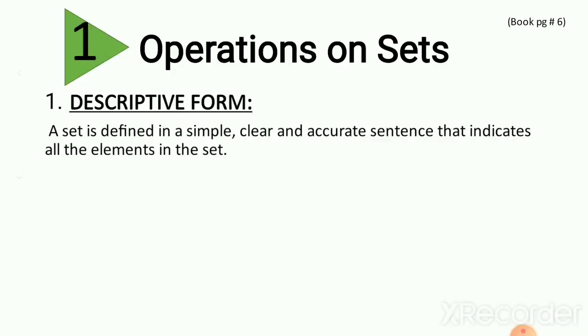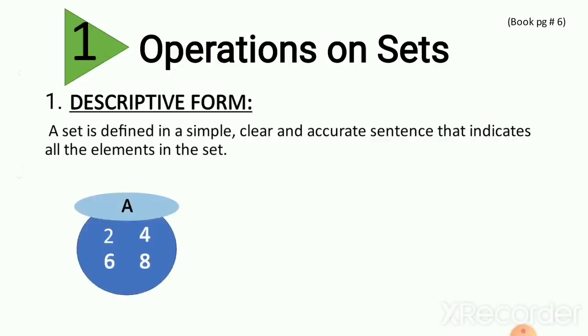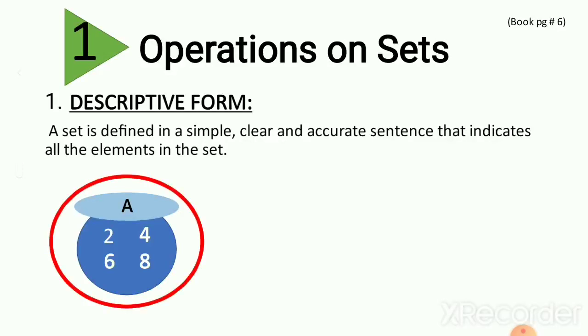Okay, let's take an example of set A, which contains the elements 2, 4, 6, and 8. So here, how can we represent this set A in a simple, clear, and accurate sentence? We have to see these are positive numbers and these are even numbers 2, 4, 6, and 8, and these are only 4 numbers, not all the even numbers.